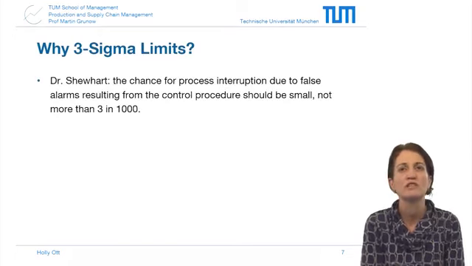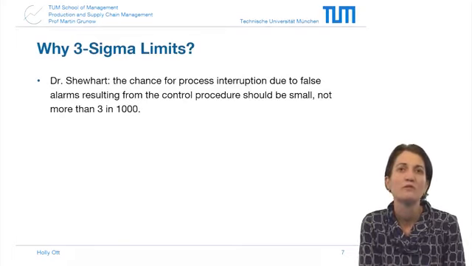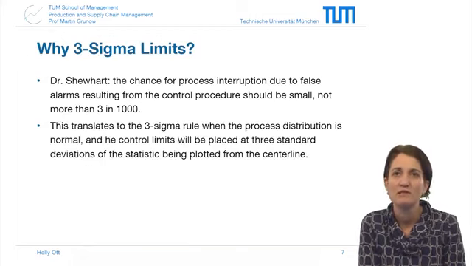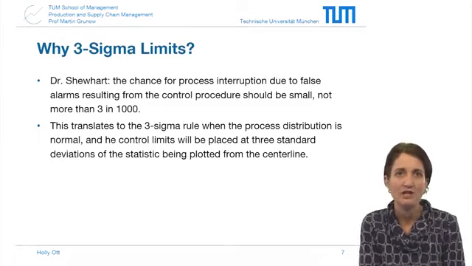And he chose the criterion that the chance for looking for an assignable cause when there was no problem should not be more than 3 in 1,000. So this translates then to the 3 sigma rule when the process distribution is normal. And according to this rule, the control limits will be placed at 3 standard deviations of the statistic being plotted from the center line.